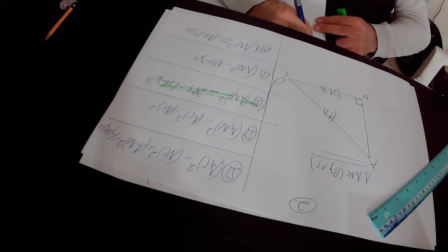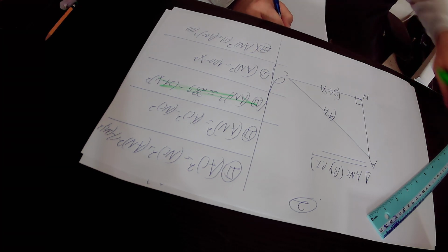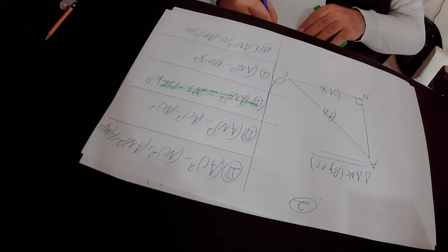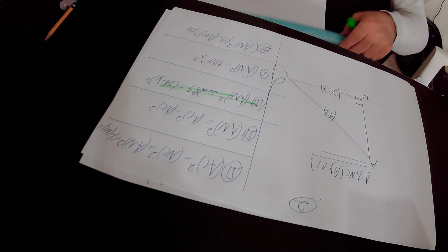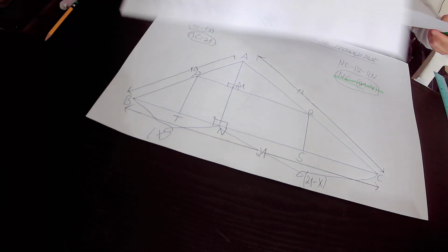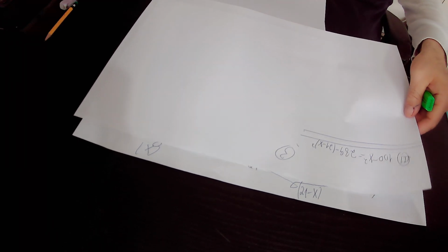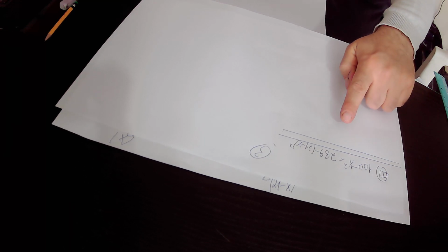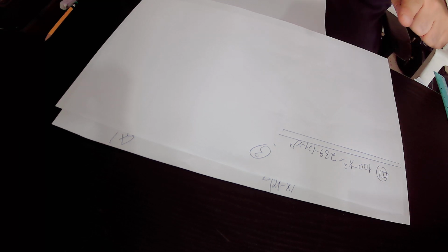AN squared according to equation 1 is 100 minus x squared, and it must be equal to 289 minus (21 minus x) squared, which is AN squared according to equation 2.